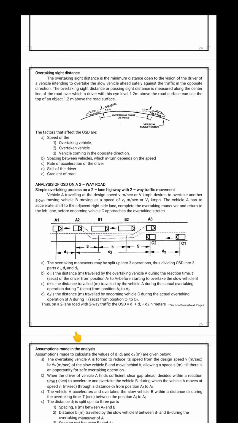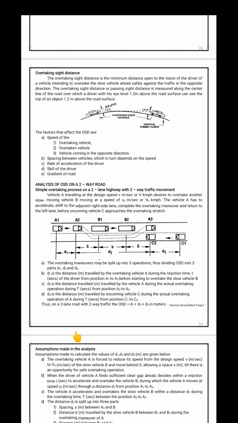At the same time, d3 is the distance traveled by the opposite or oncoming vehicle C during the actual overtaking operation of A in time period T seconds. Means whatever the time the vehicle takes from A2 to A3, at the same time, how much distance the vehicle C is going to cover in capital T seconds. Getting clear? From C1 to the C2 position.